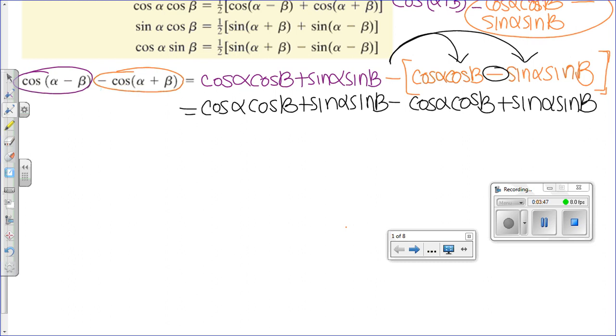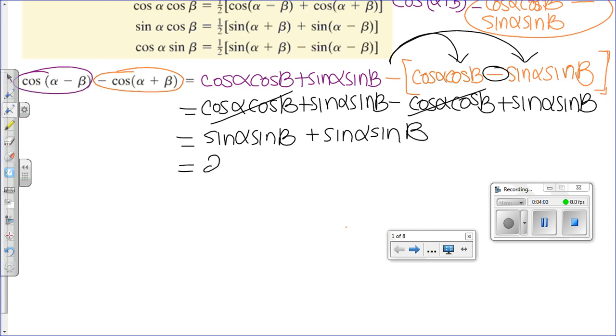Okay. So right here you can see opposite signs. And so far we have sine alpha, sine beta, plus sine alpha, sine beta. How many of those do we have total? Two.